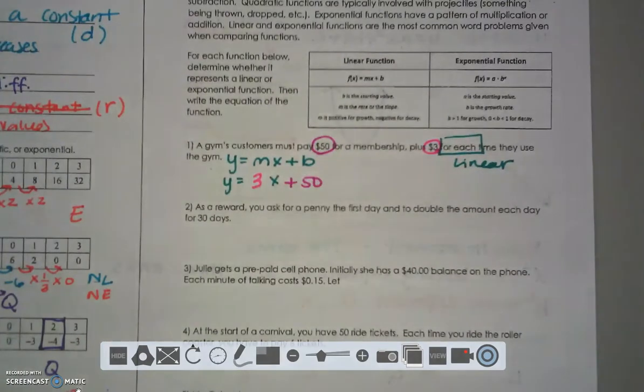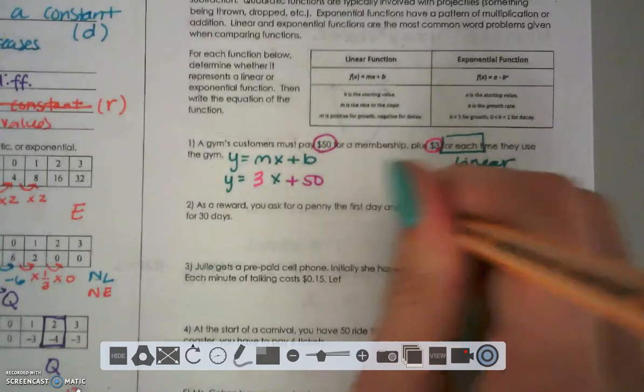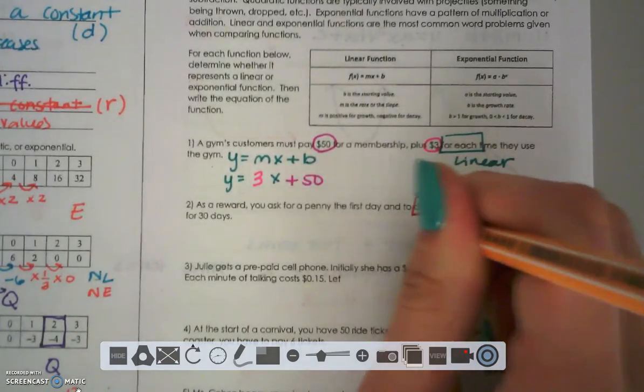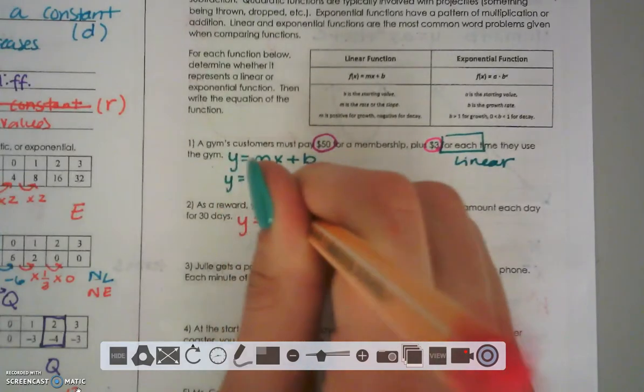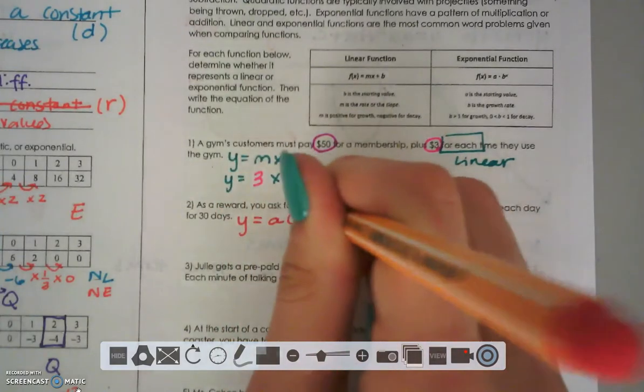Number 2, as a reward, you ask for a penny the first day and to double the amount each day for the first day. So we see this word "doubles," and we should remember that doubles is the word that reminds us of exponential. So now I need to fill in a times b raised to the x.